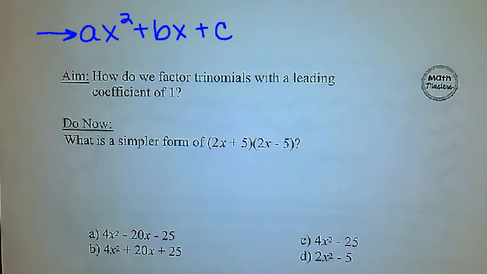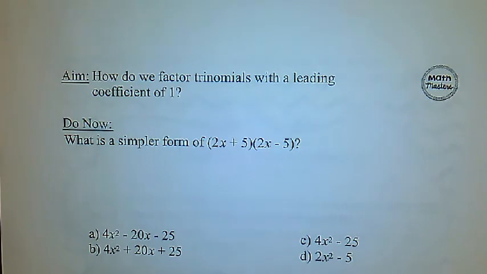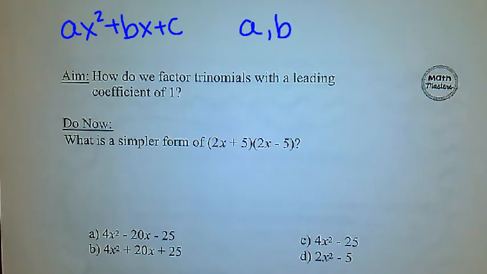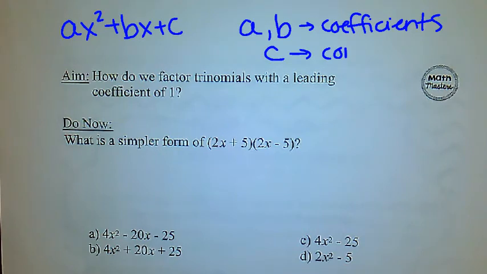So our x squared is always going to have a 1. So ax squared plus bx plus c: a and b are coefficients, and c is going to be a constant.